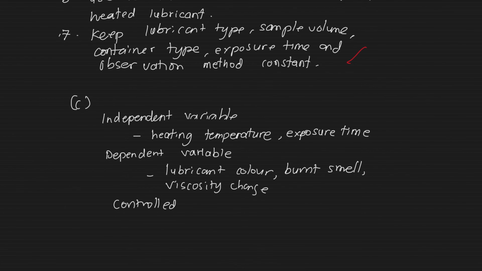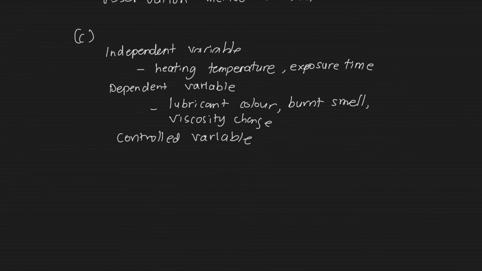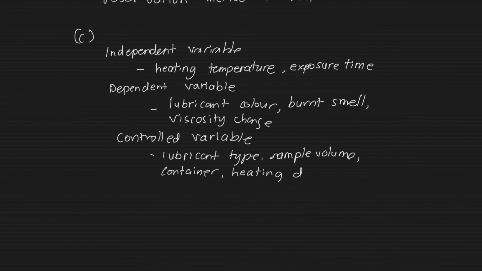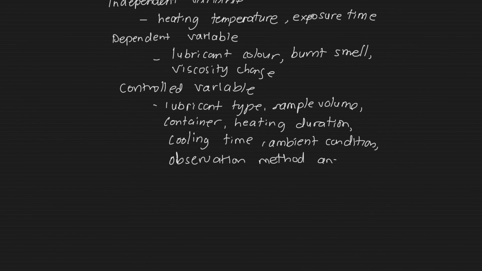And the control variables are the lubricant type, and also the sample volume, and the container, as well as the heating duration, cooling time, and ambient condition, and also observation method and instrument.